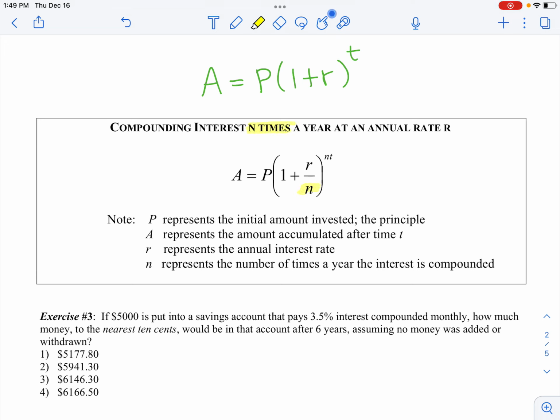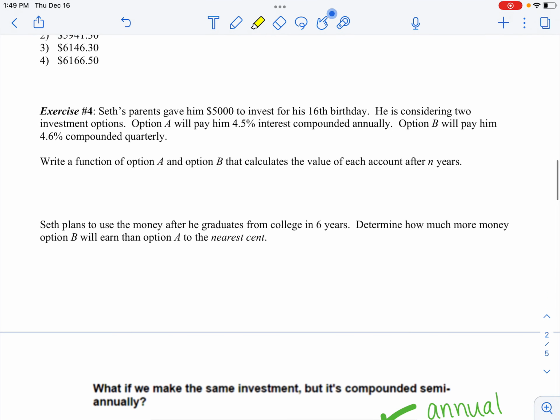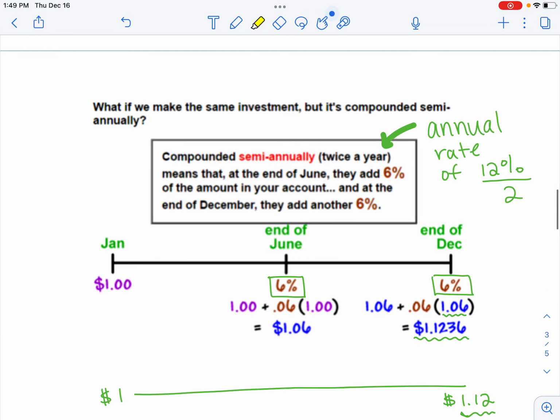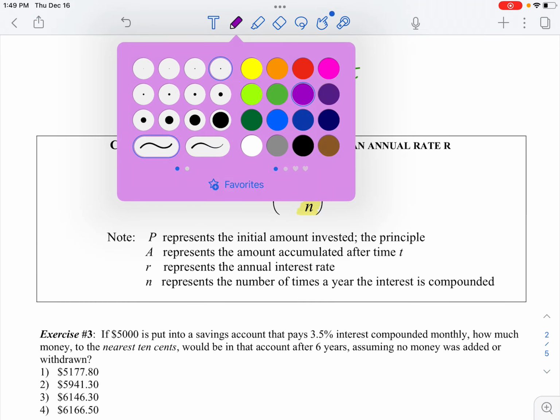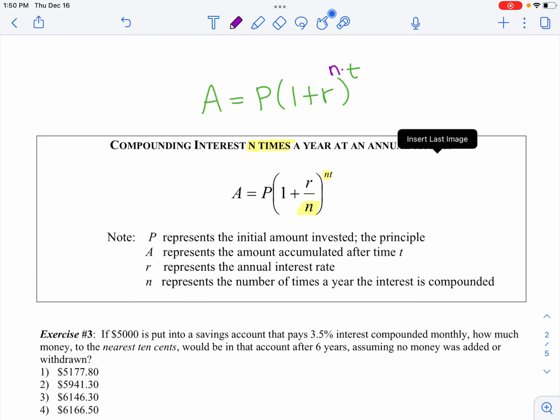So the rate is getting divided by n. For semi-annually, we divided our rate of 12% by 2, and we got 2 6% rates being added to our money. And how many times did that happen? It happened twice in the year. So n is multiplying our time in the exponent, and it's also dividing into our rate.